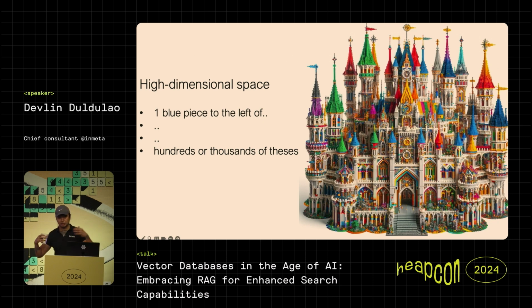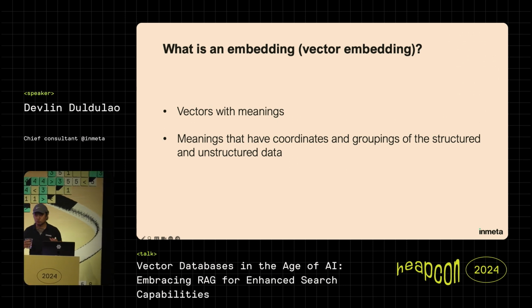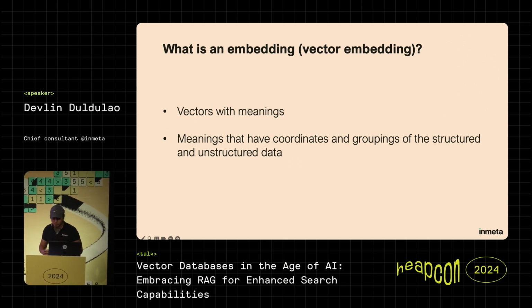So high dimensional is mind-blowing to realize how huge it is. So that's what embeddings, this vector, is. Just think of it again as an array of numbers with meanings. The idea is to capture the semantic meaning of the data in a dense vector form where similar terms are placed closer together in the vector space.